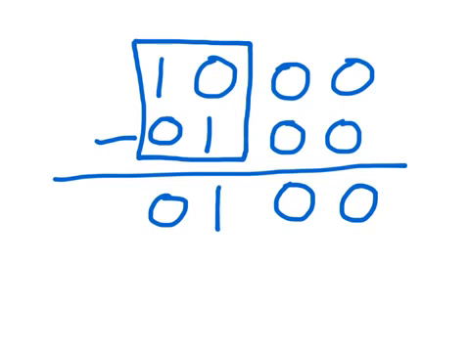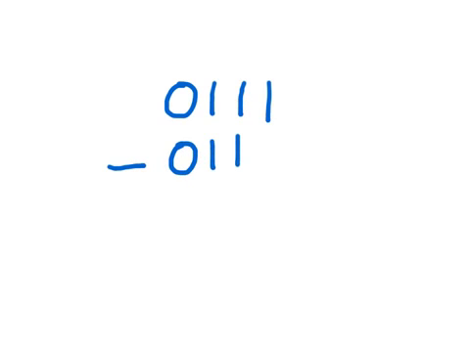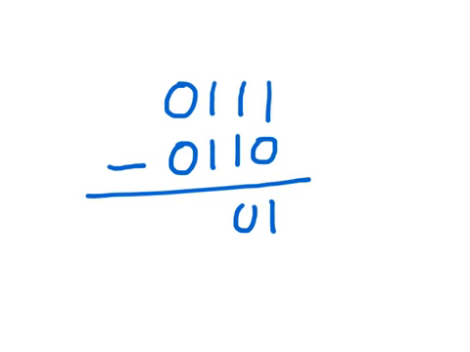Let's look at another example. So here we're going to say 7 minus 6. Alright, so what do we do? We have 1 minus 0 is 1. Then we have 1 minus 1 is 0. 1 minus 1 is 0. And 0 minus 0 is 0.